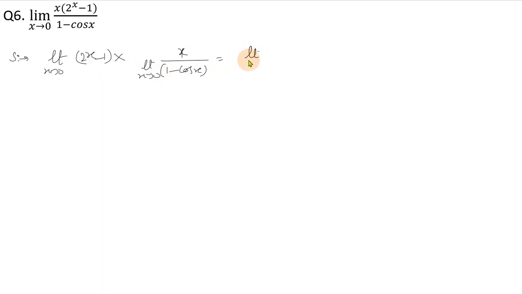So to apply the formula a power x minus 1, we should have x in the denominator here. So we need to multiply and divide by x. So in the numerator we get 1 extra x, that is x square, and in place of 1 minus cos x we write 2 sin square x by 2, limit x approaches 0. We have already done this type of question.